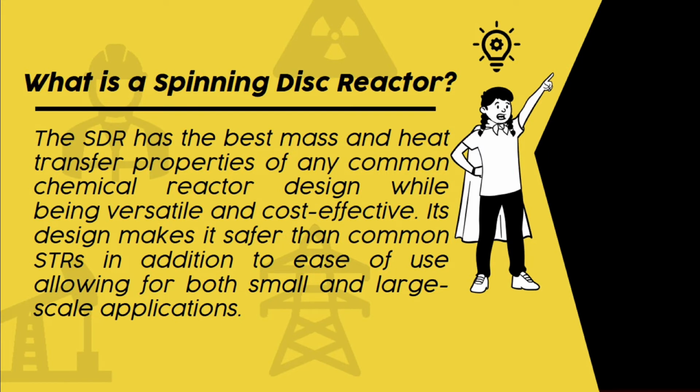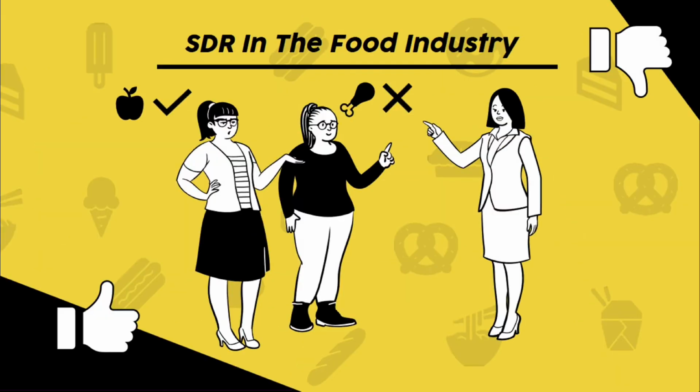small and large-scale applications. The increase in demand of high-quality foods alongside awareness of healthy food has pushed the food industry to improve themselves, such as the consumer movement towards vegan products. SDR helps increase food safety and reduce processing time. At the same time, SDR has been used to uniformly mix plant-based components such as hemp, flax, and moringa.